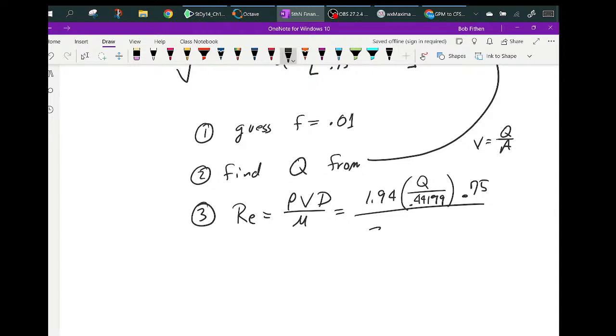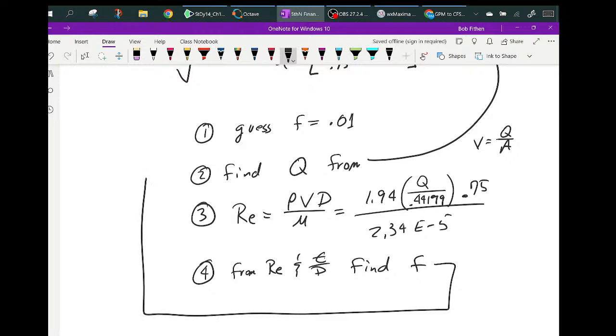And then water is 2.34 e to the minus 5. And then from E over D, find F. Once I have F, I go back to 2, and then I go to 3, and then I go to 4, and then I go back and back. So I'm looping through this thing.